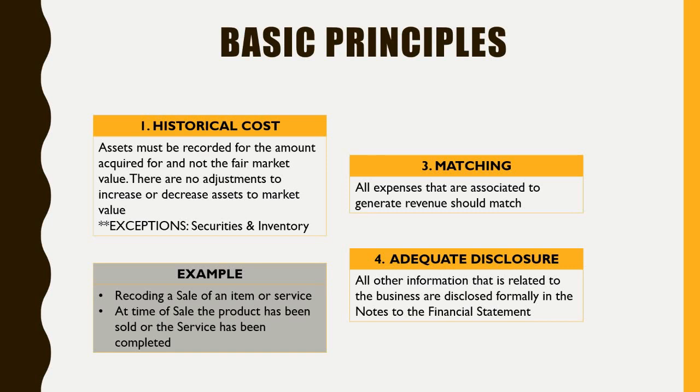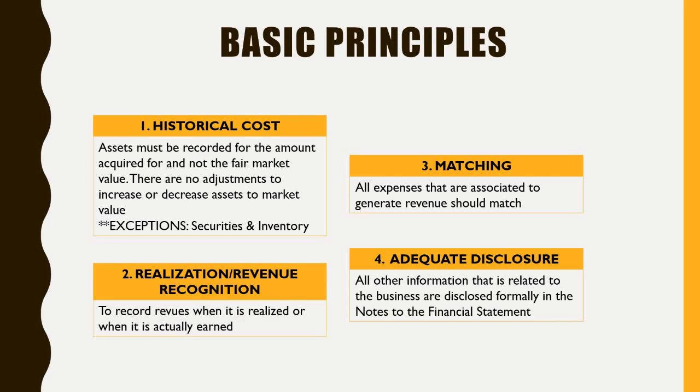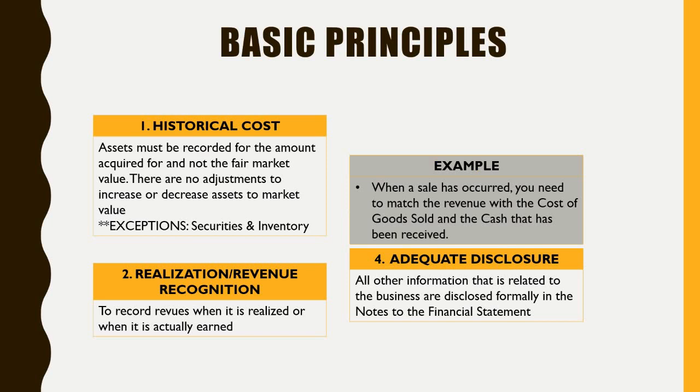Okay? And this also goes hand in hand with the matching principle, okay? Where all expenses that are associated with generating that sale are going to be matched. So for instance, when we talk about selling our product, what is the equal and opposite expense to it? It's going to be the cost of goods sold.